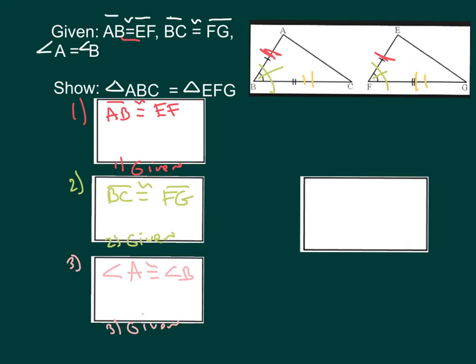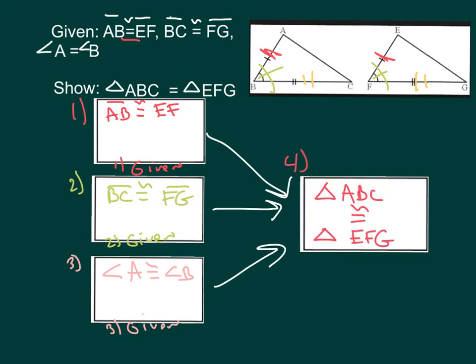So what do we do with the box on the right? Well, because AB is congruent to EF, and because BC is congruent to FG, and because angle A is congruent to angle B, we can have 2 congruent triangles. So here we have box 4, and that has triangle ABC is congruent to triangle EFG because of those 3 reasons.